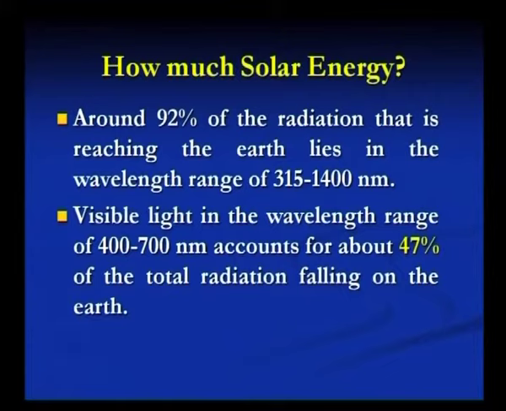The visible light, which falls in the wavelength range of 400 to 700, more accurately 380 to 760 nanometers, accounts for about 43 to 47 percent of the total radiation that falls on the Earth.